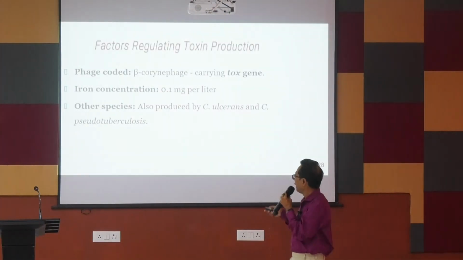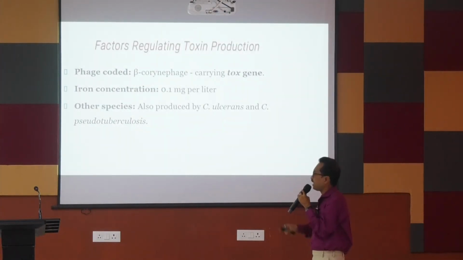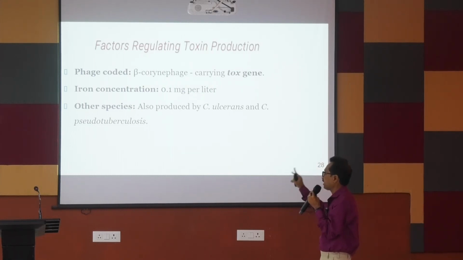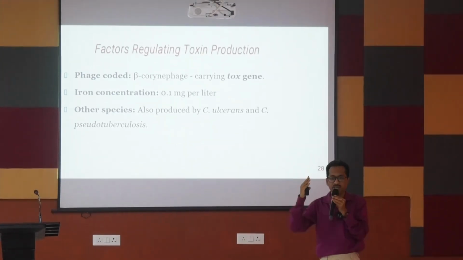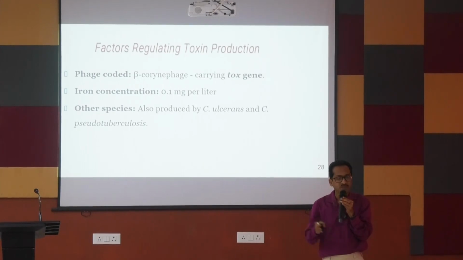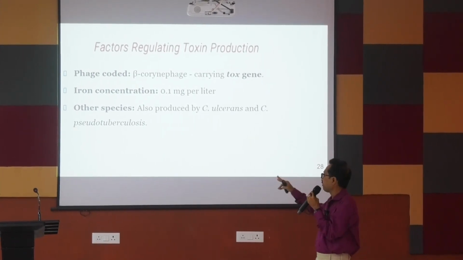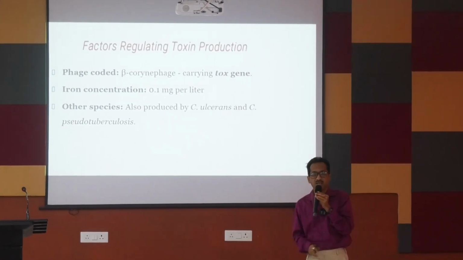Now here is another point: species other than Corynebacterium diphtheriae, Corynebacterium ulcerans and Corynebacterium pseudotuberculosis, also produce the toxin. When you go to the laboratory diagnosis, remember how you will differentiate Corynebacterium diphtheriae from Corynebacterium ulcerans and Corynebacterium pseudotuberculosis.